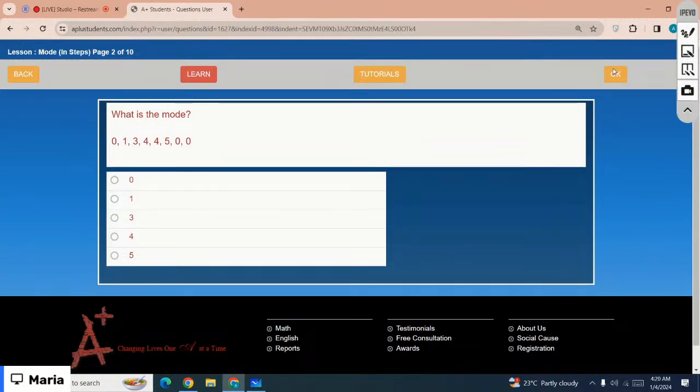Very good. Okay, the next one is, what is the mod? Which is the correct option?